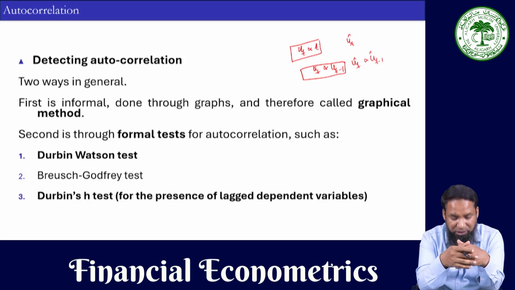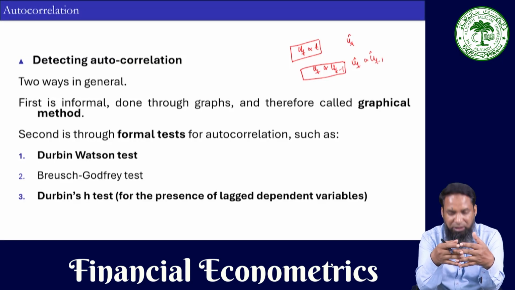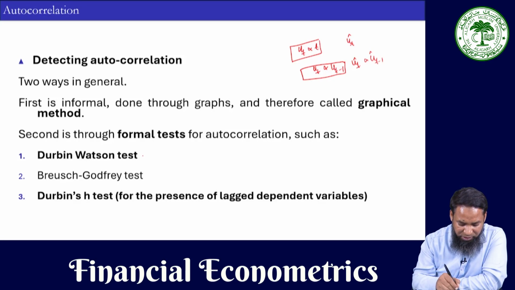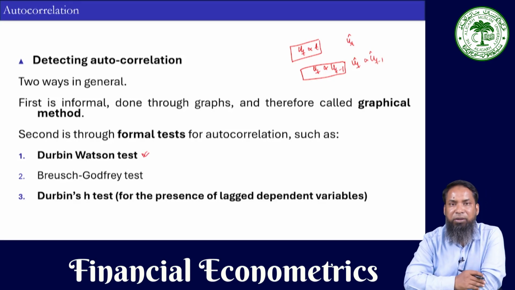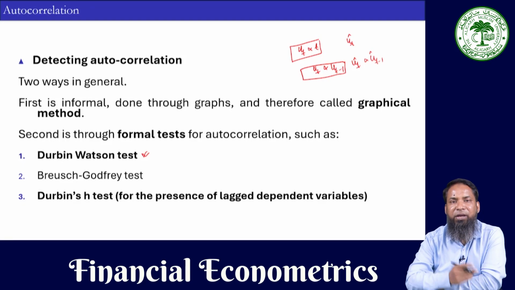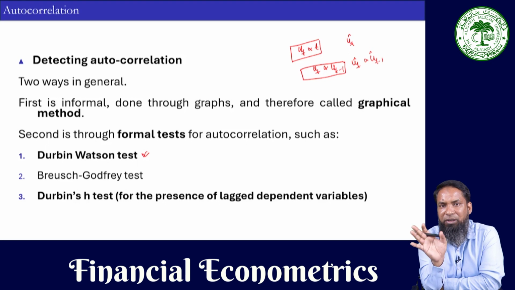Then the second method is the formal tests: the Durbin-Watson statistic, the Breusch-Godfrey test and Durbin's h test. Out of these three, primarily the Durbin-Watson test is widely used and known. And Durbin's test is there because of a limitation of the Durbin-Watson test: we cannot add lag terms of the dependent variable.